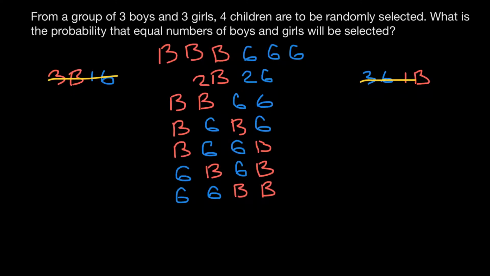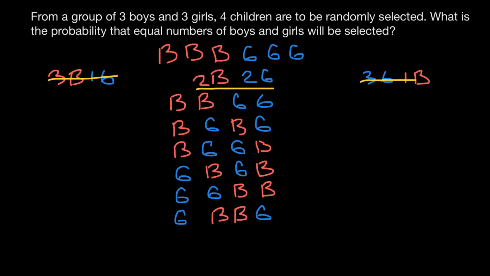And the last variant would be first child girl, then 2 boys, and a girl. So now let's count how many variants we get: 1, 2, 3, 4, 5, 6. So we have 6 combinations of 2 boys and 2 girls.